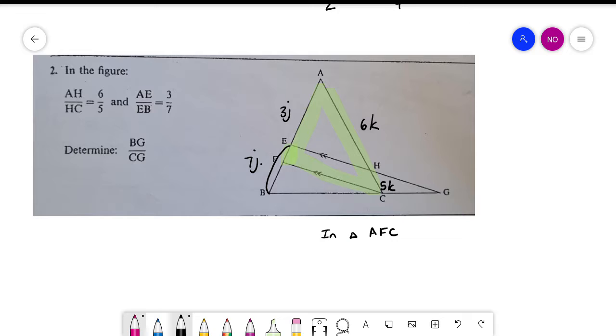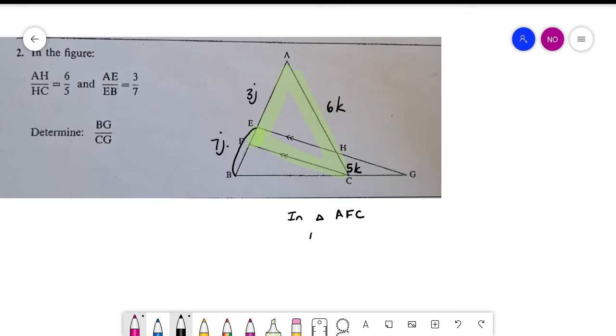You don't actually have to write that, but for me it's easier when you do that, when you can see I'm busy in this triangle, so I'm using these sides. And then as I am in this triangle, I use these sides. Okay. I'm going to say AE over EF is equal to AH over HC. What do I need? Rizan, what is my reason? Once again, you don't have to write the name of the triangle there, but it makes it a bit easier. It just lets you know, I'm busy with this triangle.